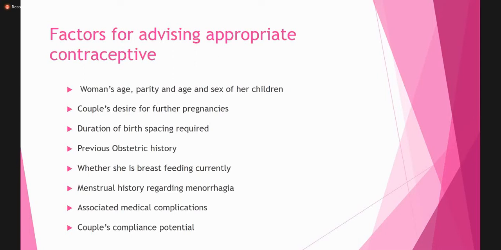Previous obstetric history of mother, that is very important. Whether she is breastfeeding currently, menstrual history regarding menorrhagia, and the associated medical problems. If a mother is suffering from any other disease, then it is a risk for her to become pregnant again and again. Couples' compliance potential, and this is the most important factor relating to this.